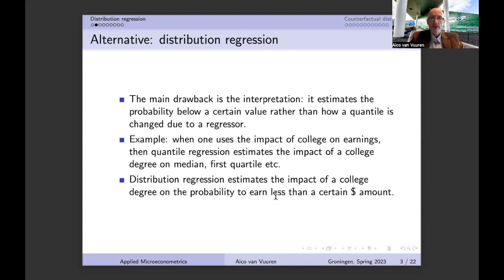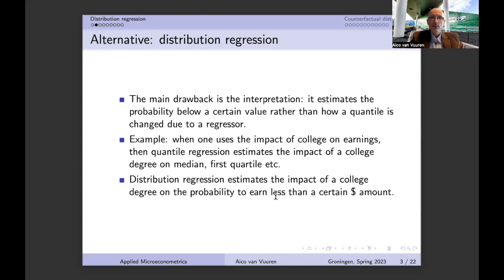And then the coefficients show how much that probability is going to change. So the coefficient for college says by how much the probability to earn less than $30 changes when you have a college degree compared to not having a college degree.